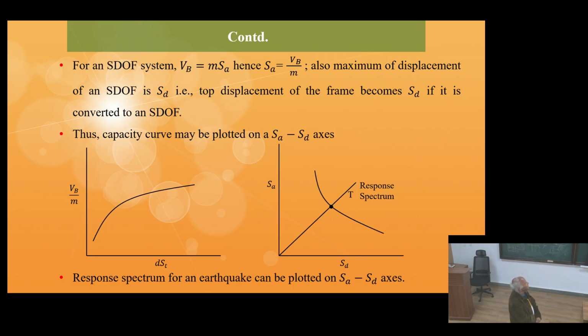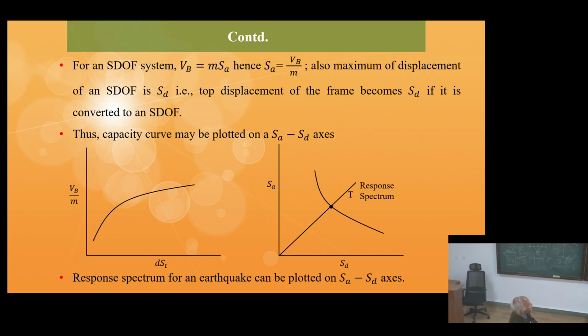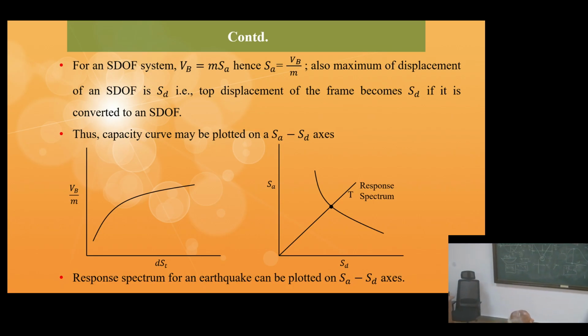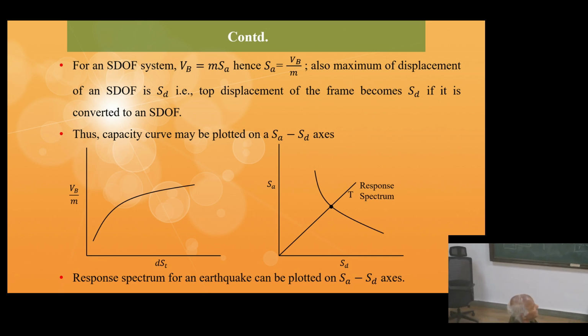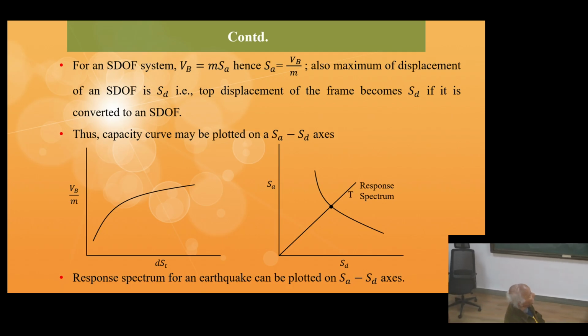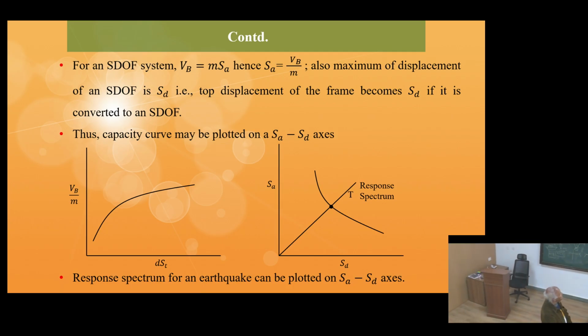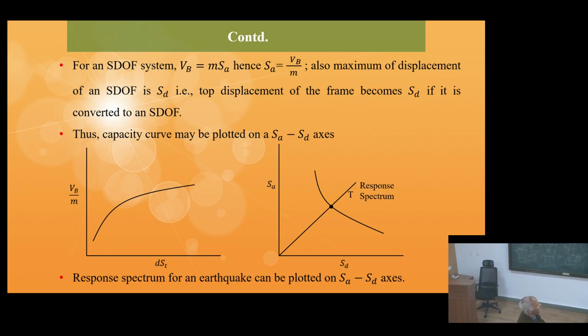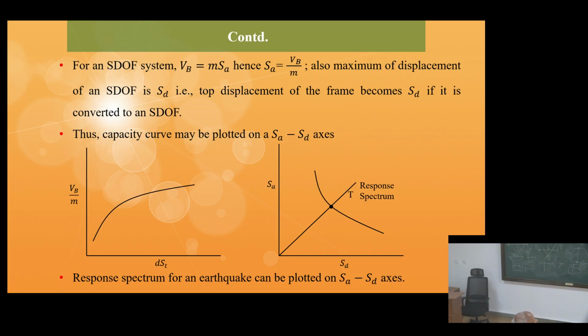Now, for an SDF system, the base shear for a single degree system will be mass multiplied by SA, spectral acceleration. Okay. And hence SA is equal to VB by M. Also, maximum displacement of an SDF is SD. That is the top displacement of the frame becomes SD if it is converted to an SDF system. Okay. And in that case, the basic assumption is that the mode shape coefficient at the top is made unity.